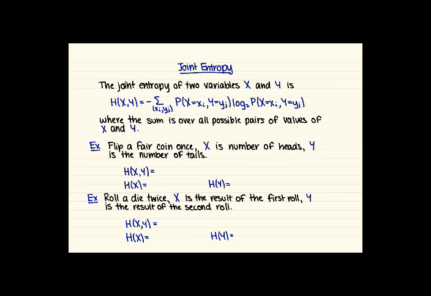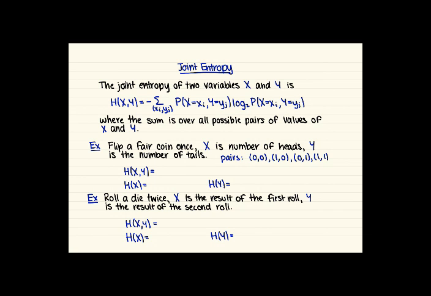So if we're looking at a fair coin flipped once, and X is the number of heads and Y is the number of tails, then our possible pairs are (0, 0), (1, 0), (0, 1), and (1, 1).